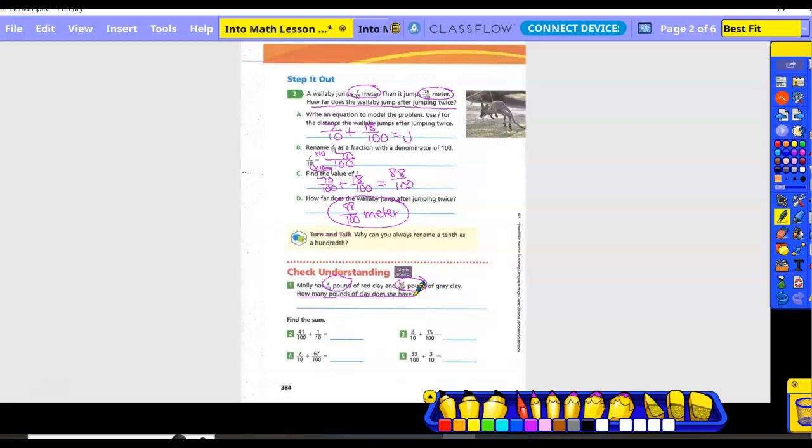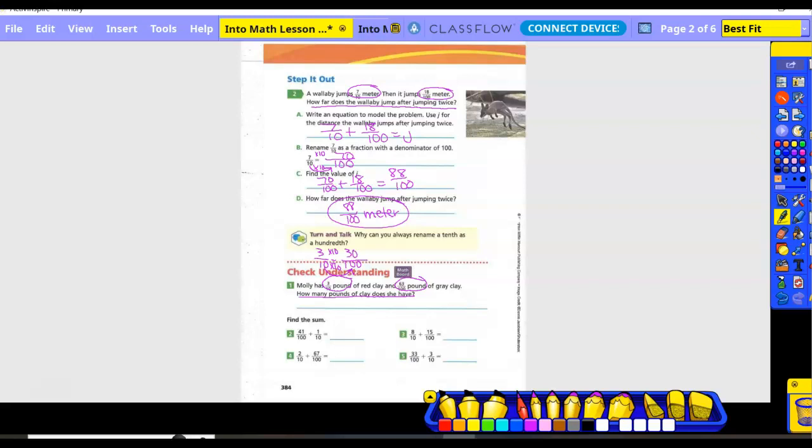So we need to put 3/10 equals what? What's going to be our new denominator? 100 on the bottom. So how did I get from 10 to 100? Times 10. What I do on the bottom, I have to do on the top. So 3 times 10 is 30. So now what am I going to do?